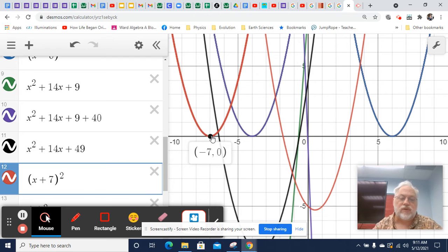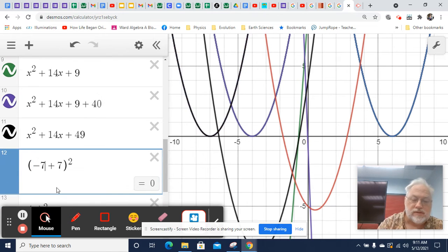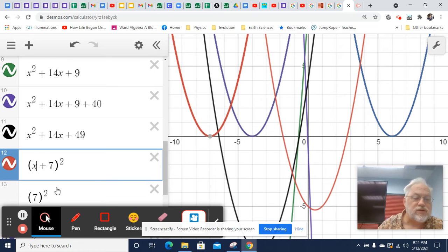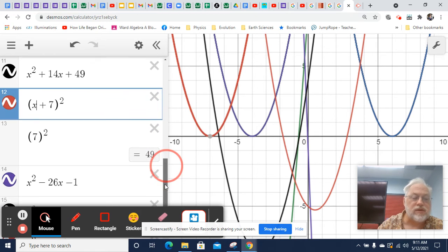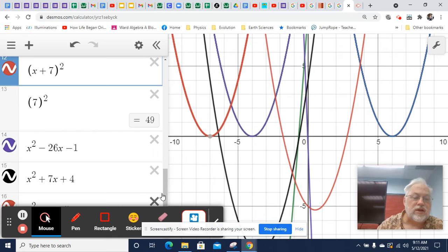And there it is with an x-intercept of -7, because if x was -7, this would equal 0. And the function would be at the x-axis where y is 0. The output is 0.